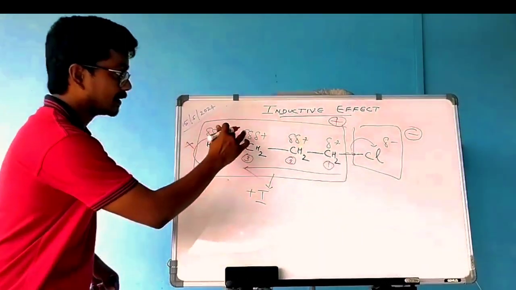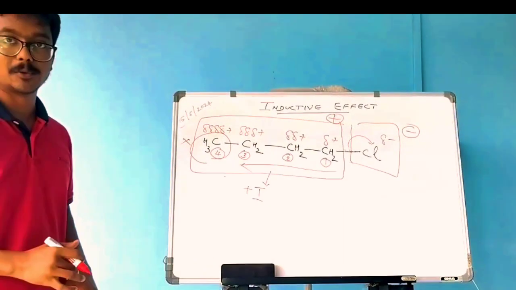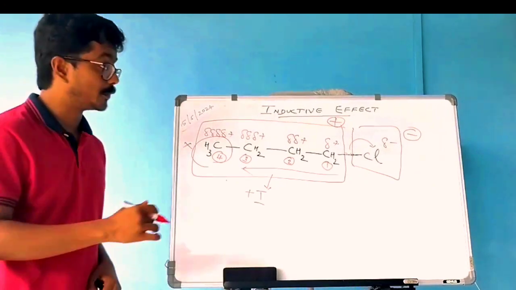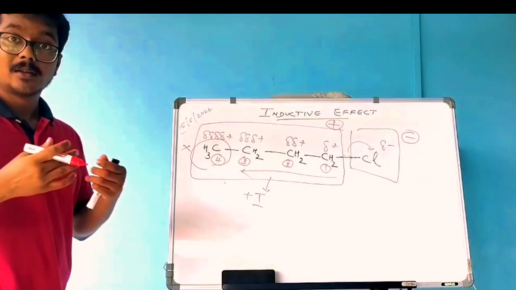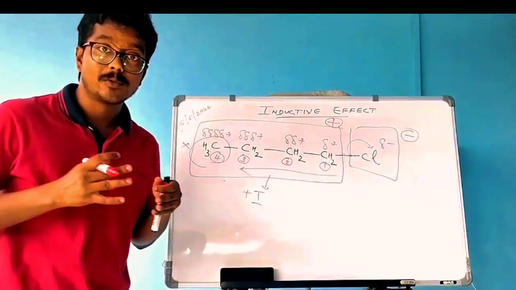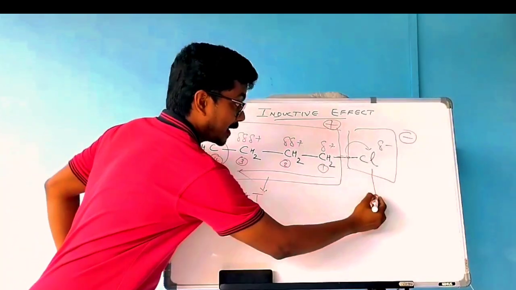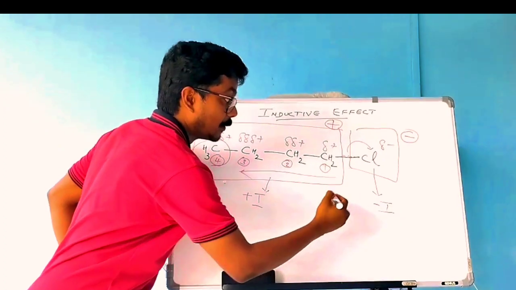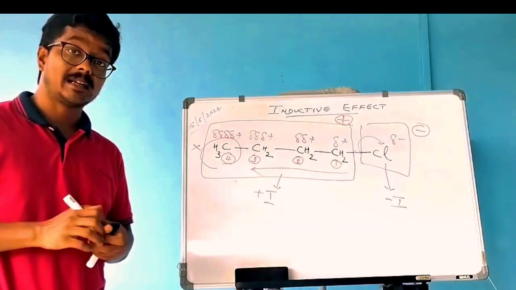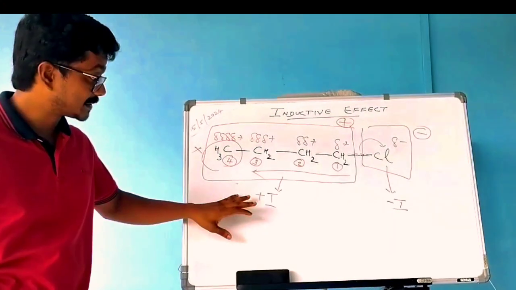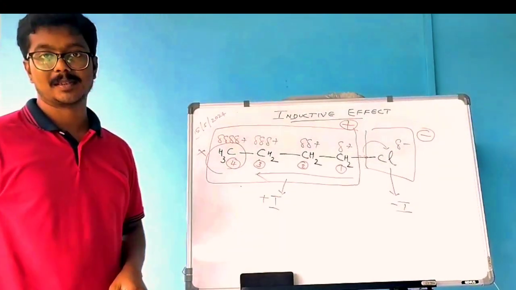So we can call this carbon group a plus I group or electron releasing group. And when the electrons are moving towards a group, it is known as a minus I group or electron withdrawing group. So inductive effect can be classified into two: plus I groups and minus I groups.